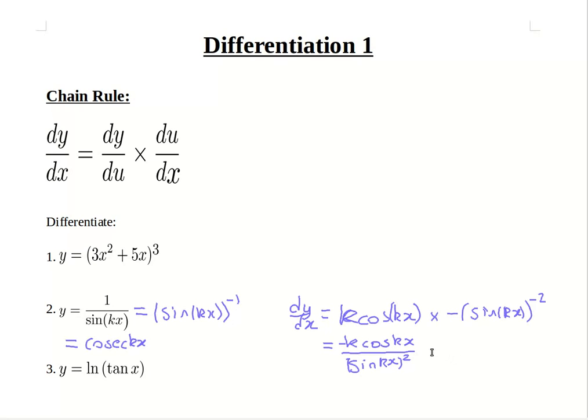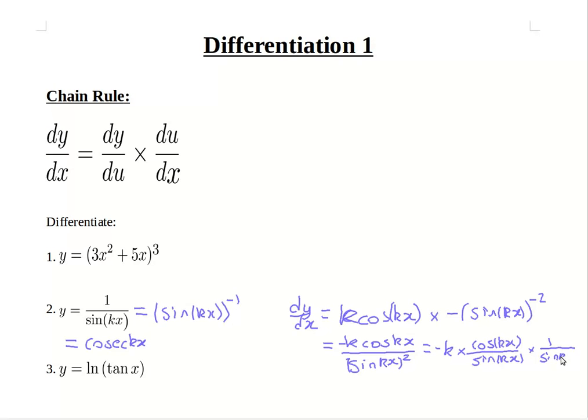By the way, just to show you, you get the same answer as the one in the formula book. That will give you minus k times by cos kx over sine kx times by 1 over sine kx. I always like to show students that you do get the same answer as the one in the formula book, or they start, you know, getting worried.